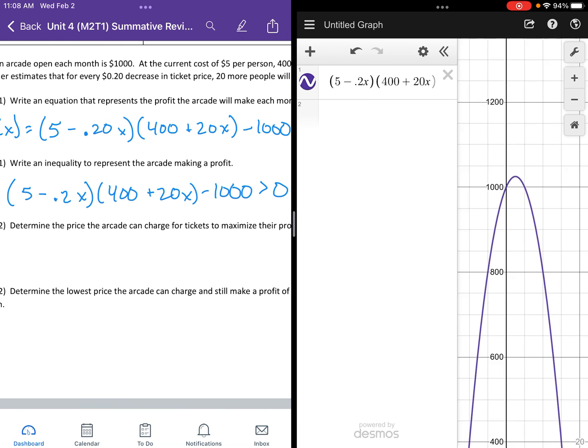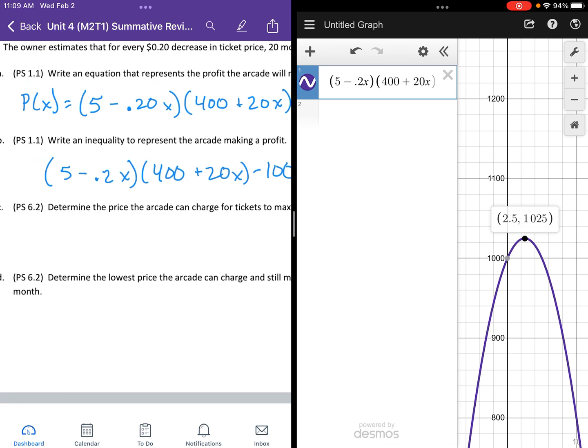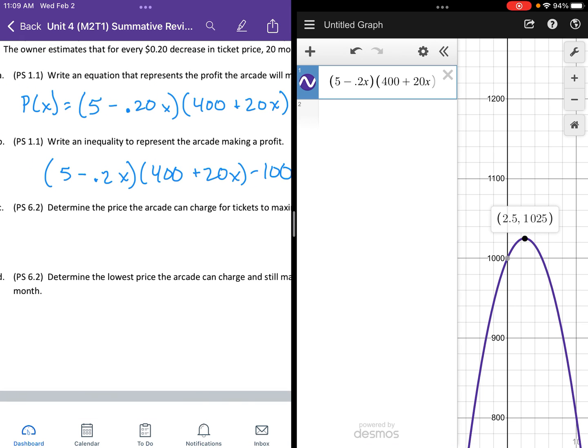There we go. So we have 2.5 and then 1,025. So we can't do 2.5, so we're going to have to round that. Because it's strictly at 2.5, we'll go up.